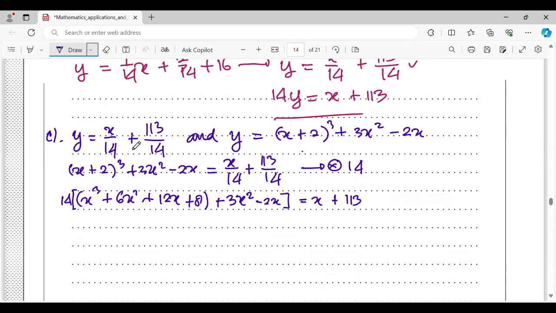So it becomes 14x cubed, and then x squared, 9 times 14, 126x squared, 12x minus 2 equals 10.